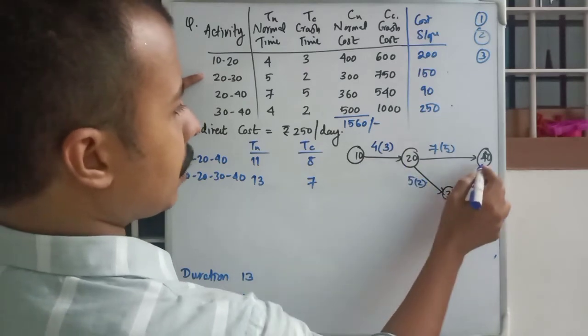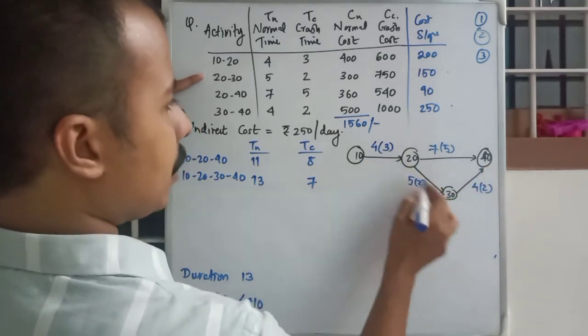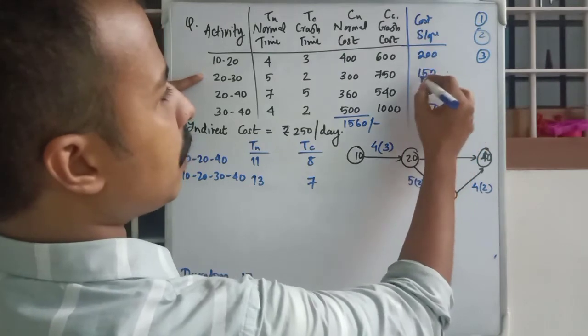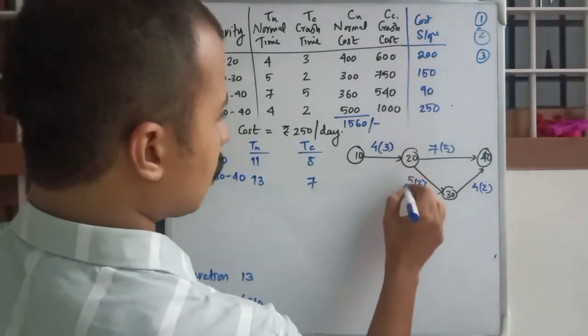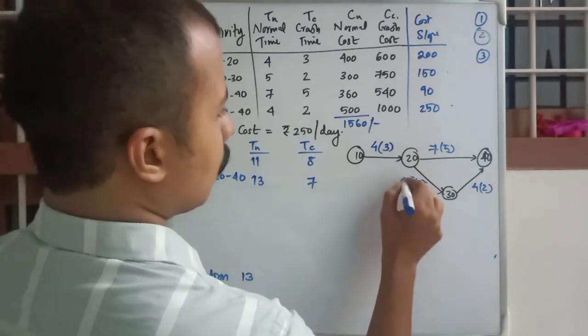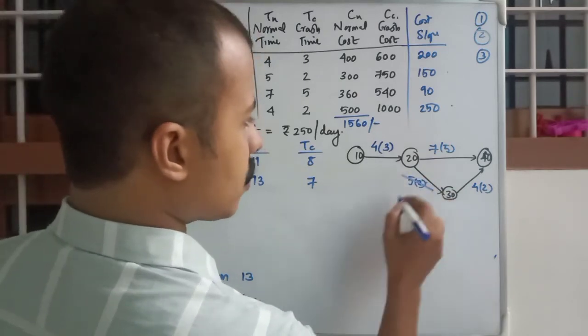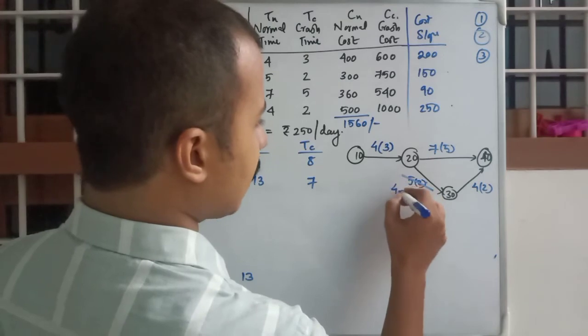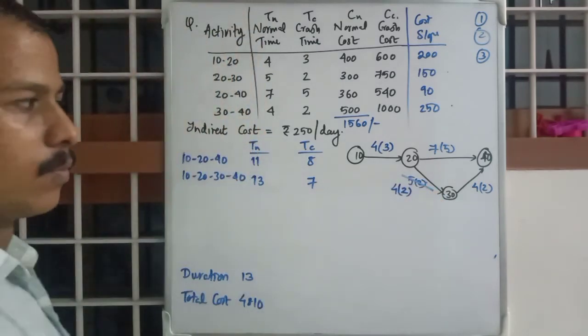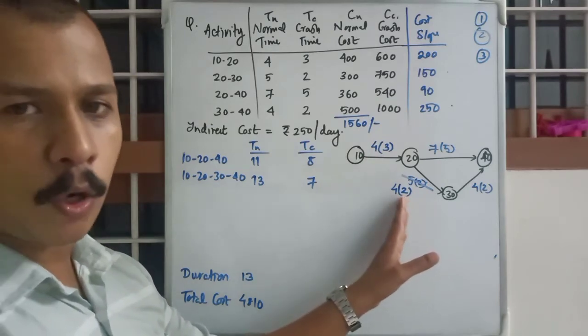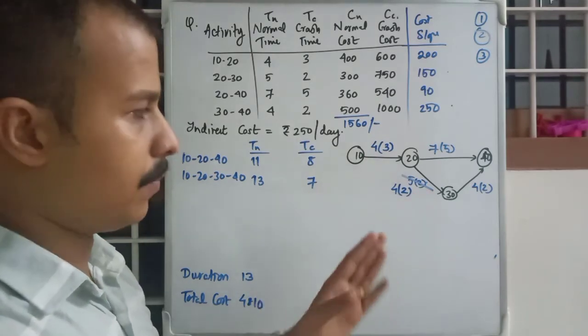This is the critical path, and in this critical path 2030 is the one with minimum cost slope. So we will reduce this, we will cut this and rewrite it as 4 (2). Okay, the value inside the bracket will always be the same because it cannot be changed.